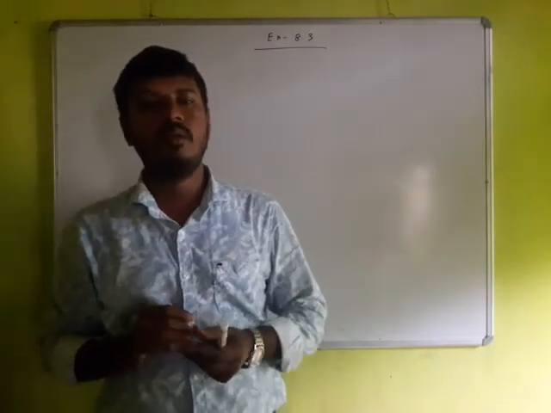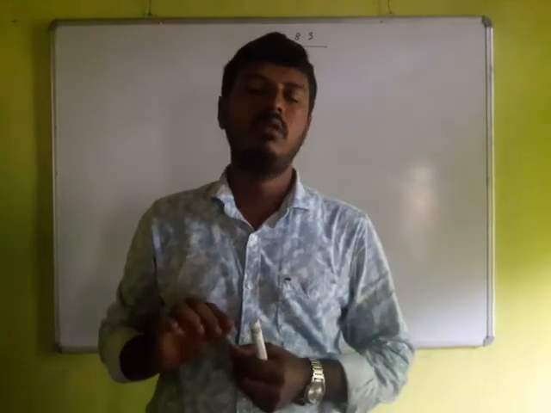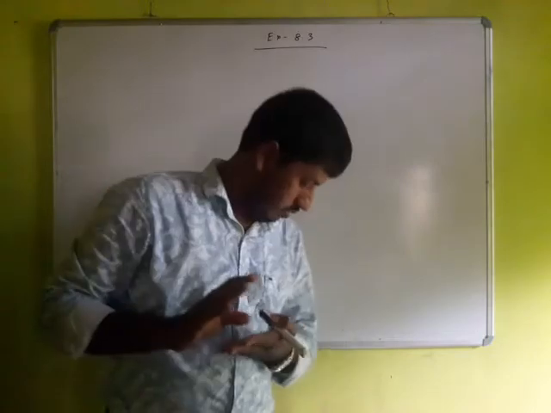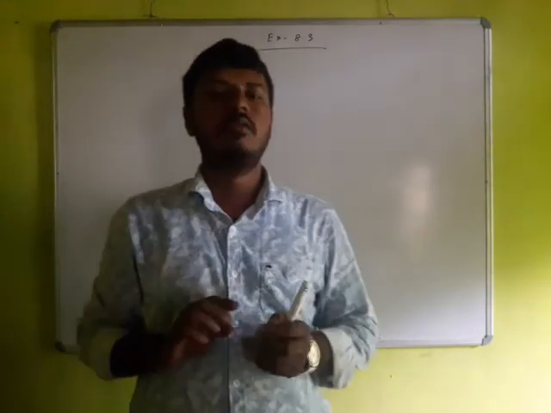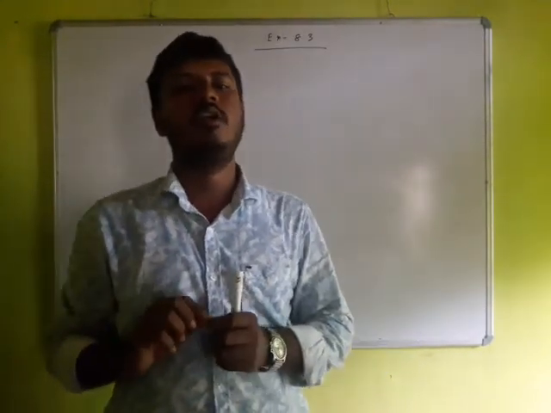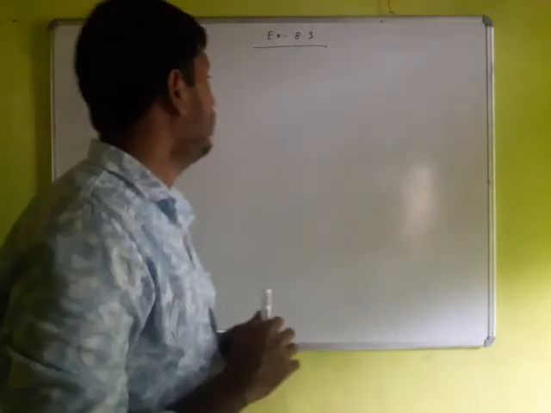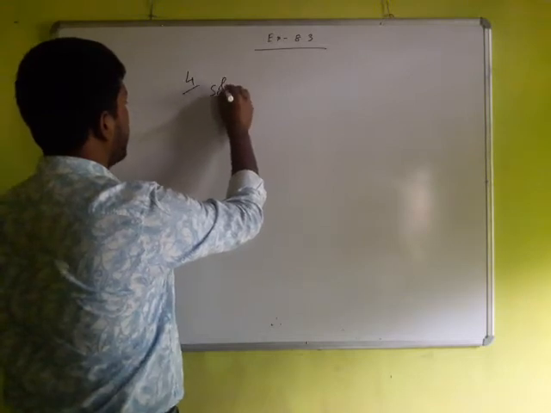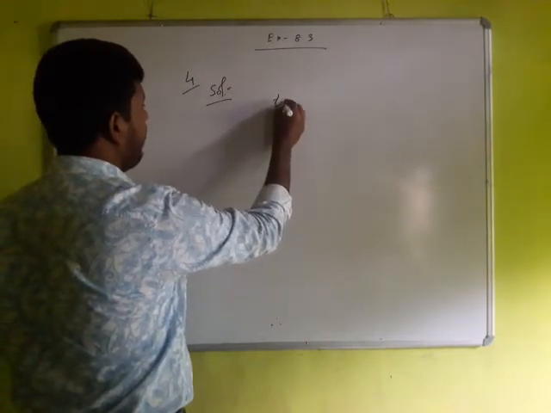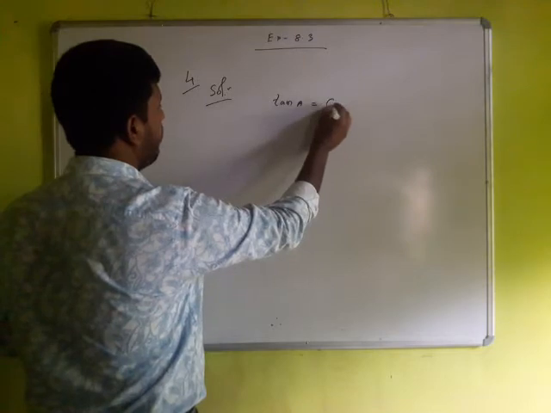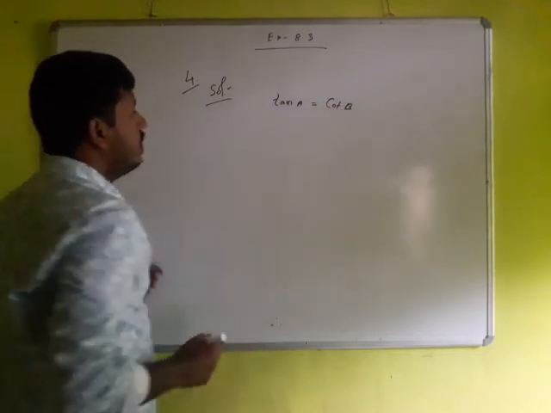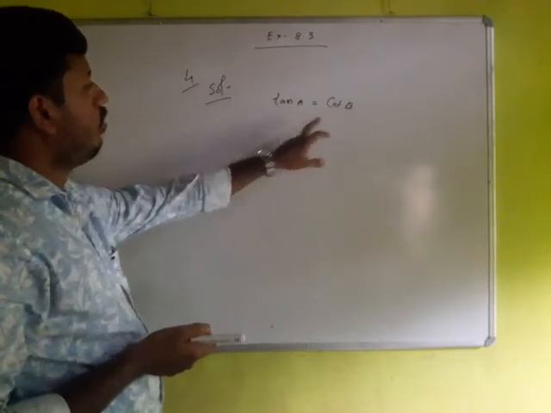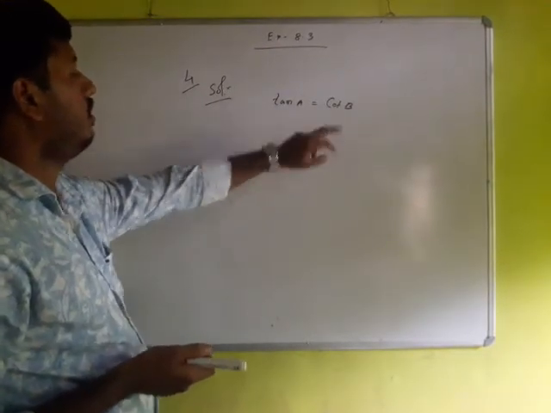So now try to solve question number 4. In question number 4, tan A equal to cot B is given. So we have to prove A plus B equal to 90. It's very simple. Given in question number 4, tan A equal to cot B. Our first target is to change the ratio to be the same, that is, tan can be converted to cot or cot can be converted to tan.